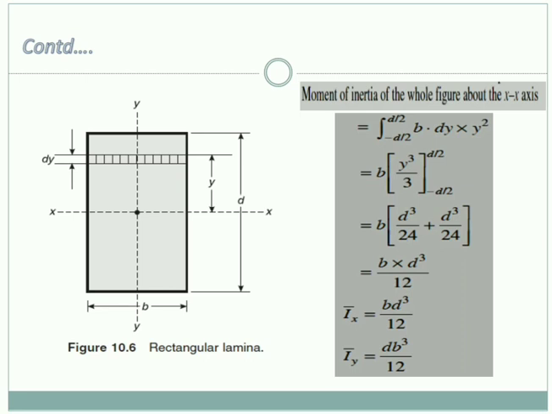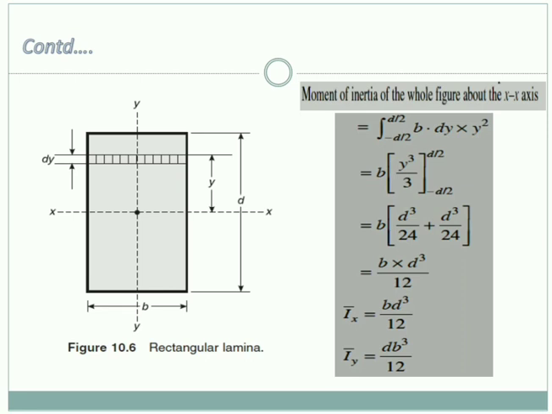As we are moving from the horizontal centroidal axis, our upper limit will be plus d by 2 and the lower limit will be minus d by 2. Therefore, when we go ahead with integration, we get b into bracket integration of y square dy, we get it as y cube by 3 with the upper limit as d by 2 and the lower limit as minus d by 2.